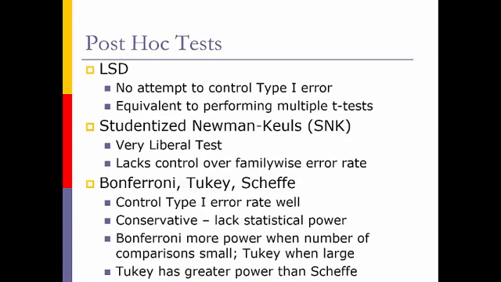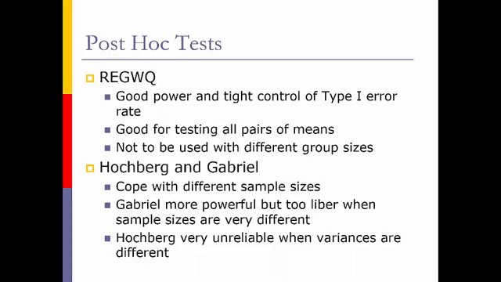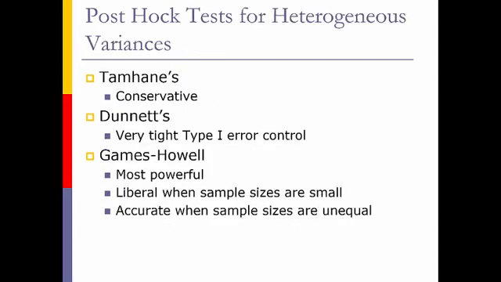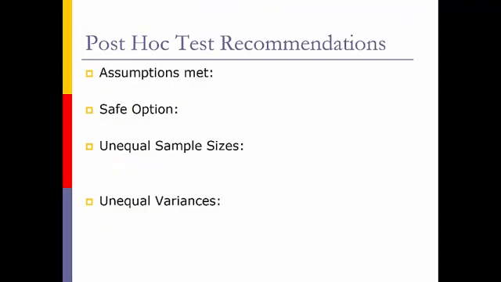Now, of those 18 different tests, there's pros and cons associated with all of them. You can go and read through these yourselves. I think the most important thing to note are my recommendations. So I've taken all that information and broken it down to what you should use.